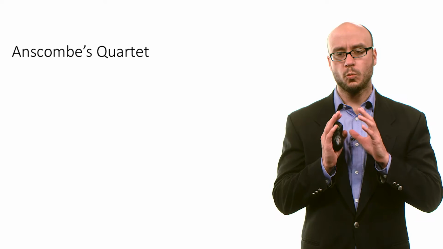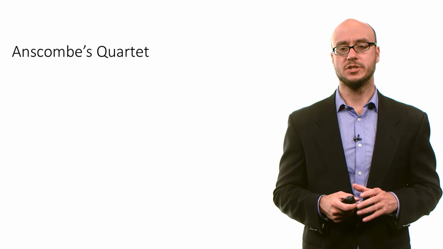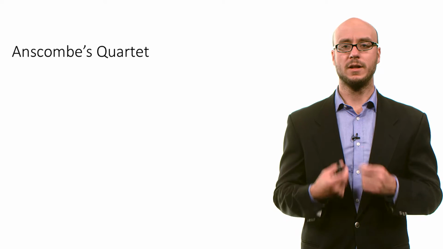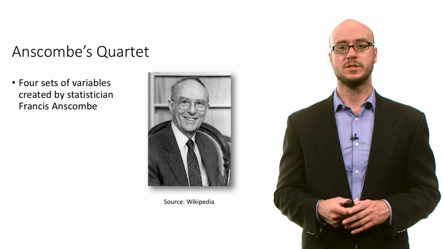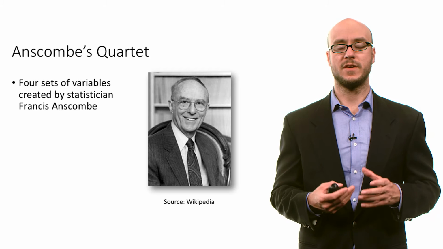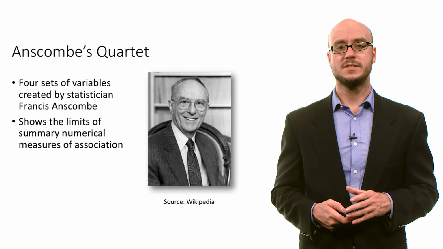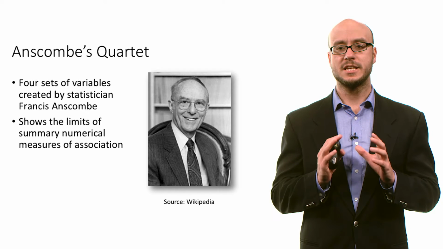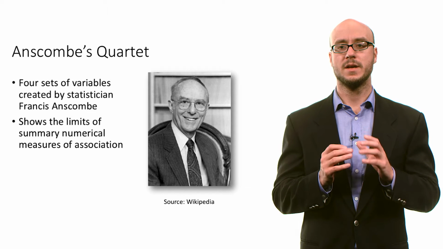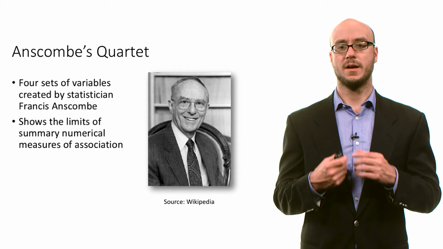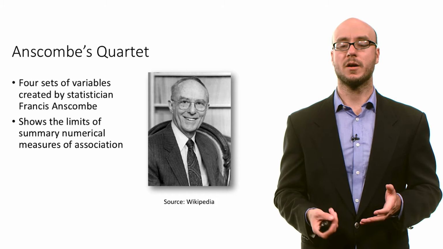One way to look at this issue is to look at what we call Anscombe's Quartet. He is a famous statistician, and he created 4 sets of variables. These variables show the limits of measures of association when you just have some kind of numerical summary.